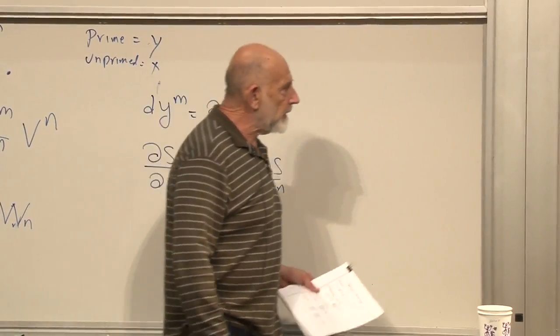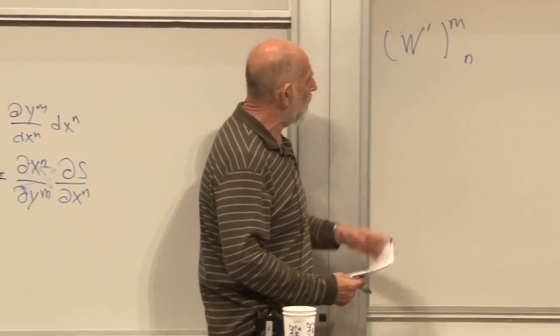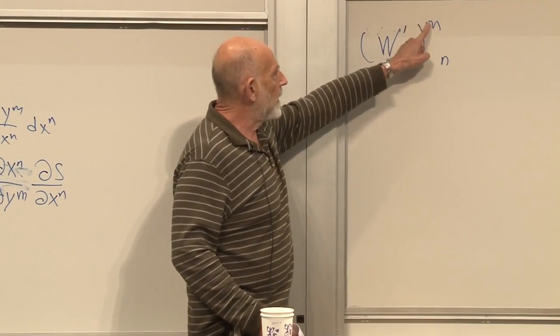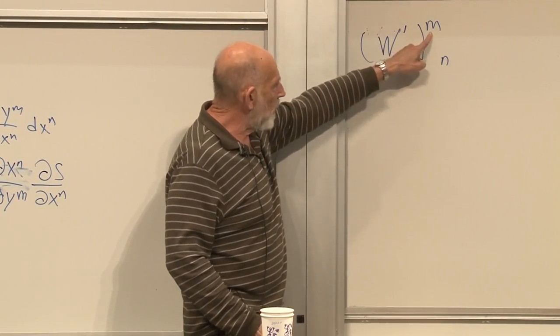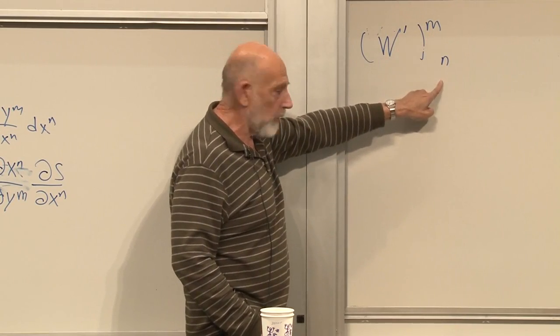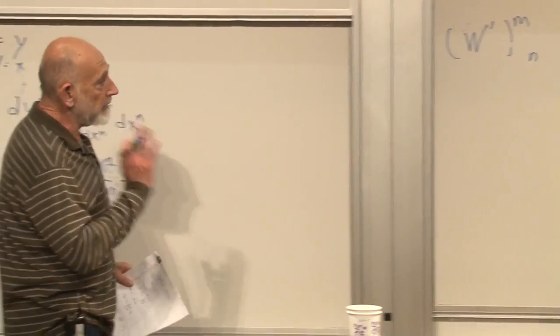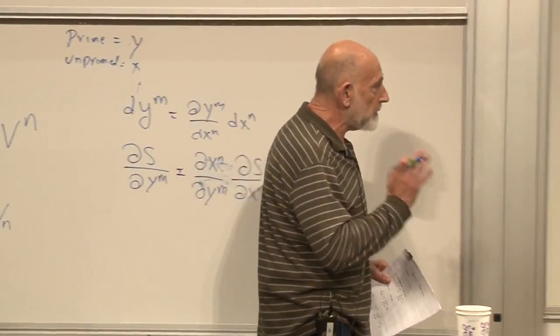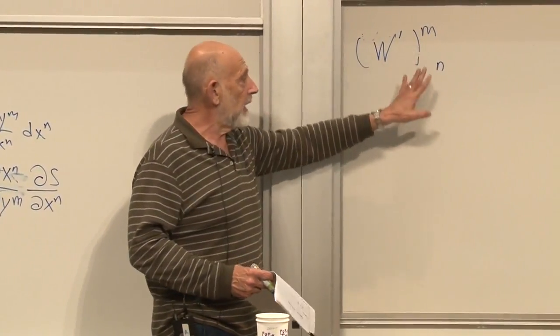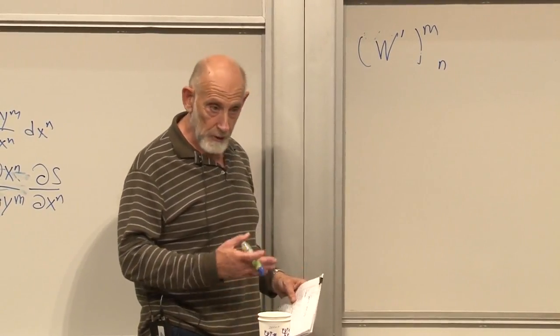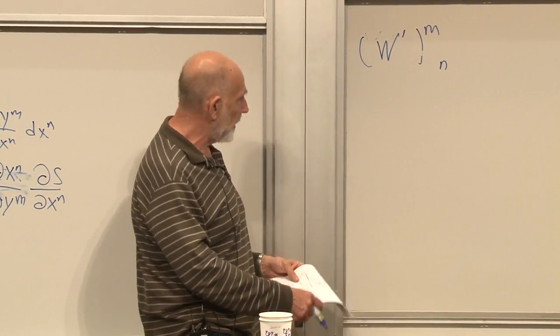And a tensor like this could just be the product of two vectors, one with a contravariant index, one with a covariant index. I won't bother writing it out, but what makes this thing a tensor is its transformation properties. So let me show you what the transformation properties are.